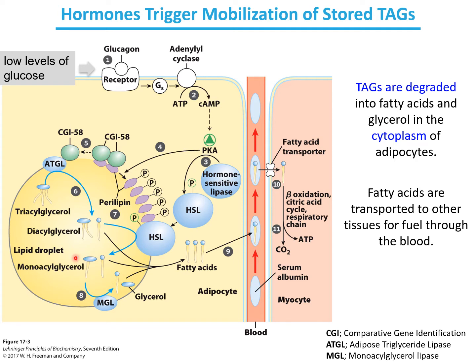Finally, this monoacylglycerol can then be catalyzed by a monoacylglycerol lipase, which will release the last fatty acid and glycerol. So these fatty acids can then be exported out of the adipocyte and then transported in the blood circulation in association with serum albumin.